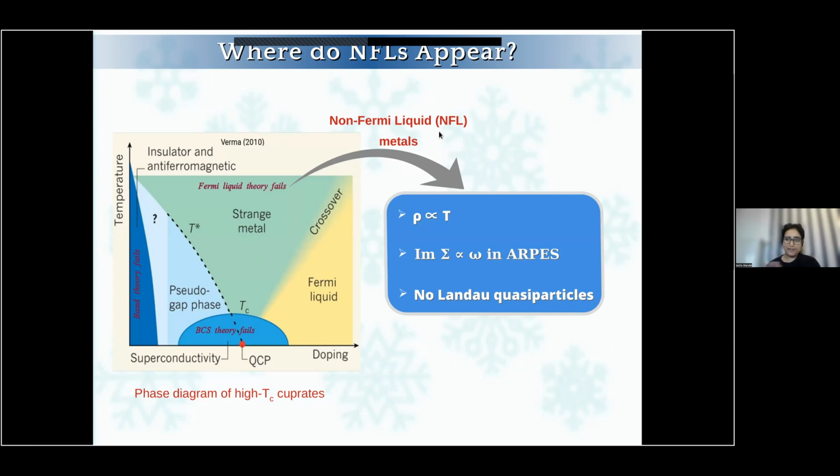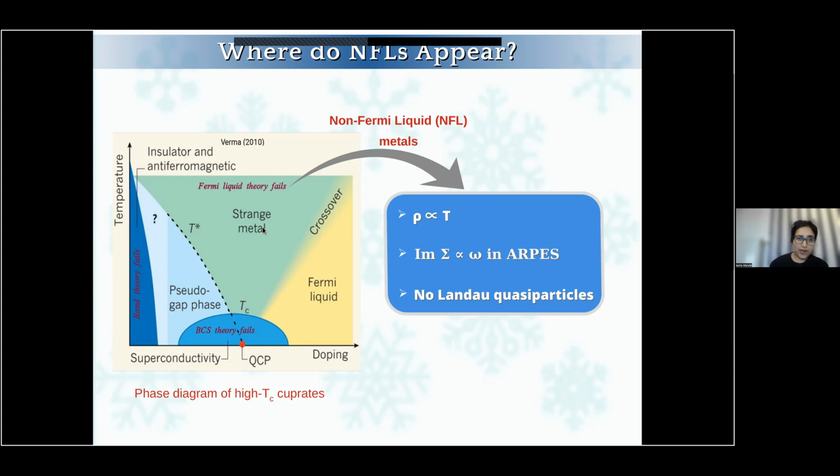For example, when experimentalists measure the resistivity, that sometimes turns out to be linear in T. And when they measure the imaginary part of the self energy, that goes as omega, rather than omega squared, in various ARPES experiments. So this leads us to believe that Landau quasi-particles cannot be the emergent degrees of freedom for this kind of system.